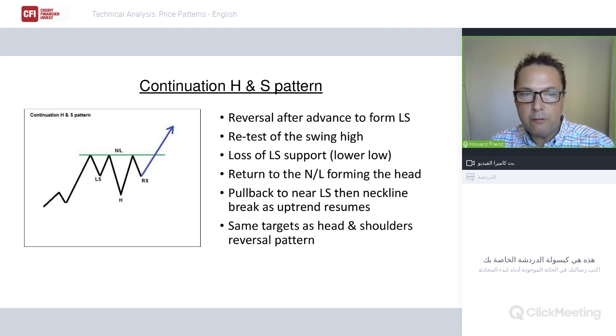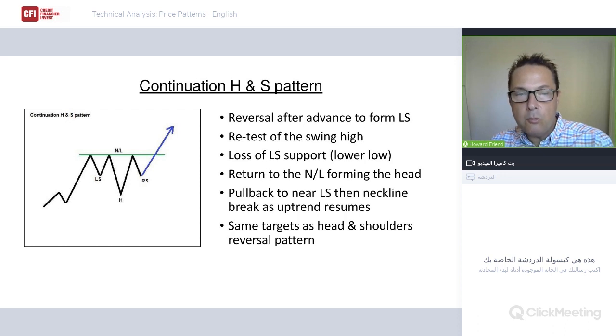So you've got yourself kind of a double top situation here where you're looking for the market to break down, which it does. But in this case, when the market rallies back up again, it rallies all the way through the old support level, but tops out close to the old swing highs. And then the market pulls back, bases out around the left shoulder as per the reversal pattern that we looked at earlier. And then eventually demand comes in, the market breaks up through the neckline, and that completes the pattern.